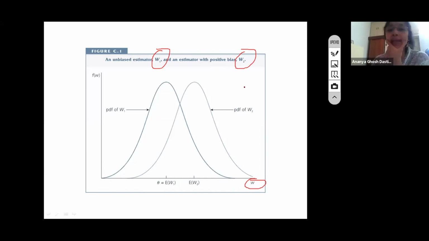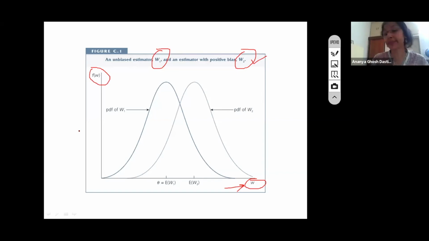So I have two density functions. All the values that W1 takes are measured along the x-axis. W2 also takes many values, and these are also measured along the x-axis. Now what am I measuring along the y-axis? I am measuring the densities of W1 and of W2, these two random variables.